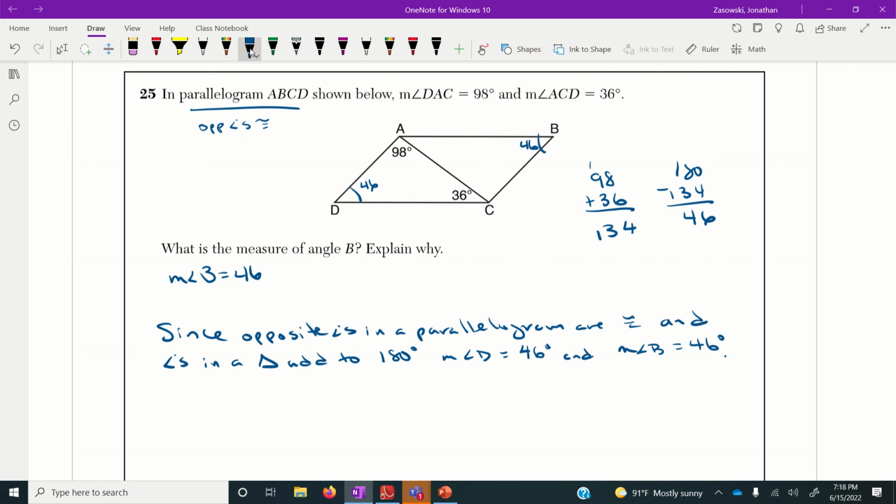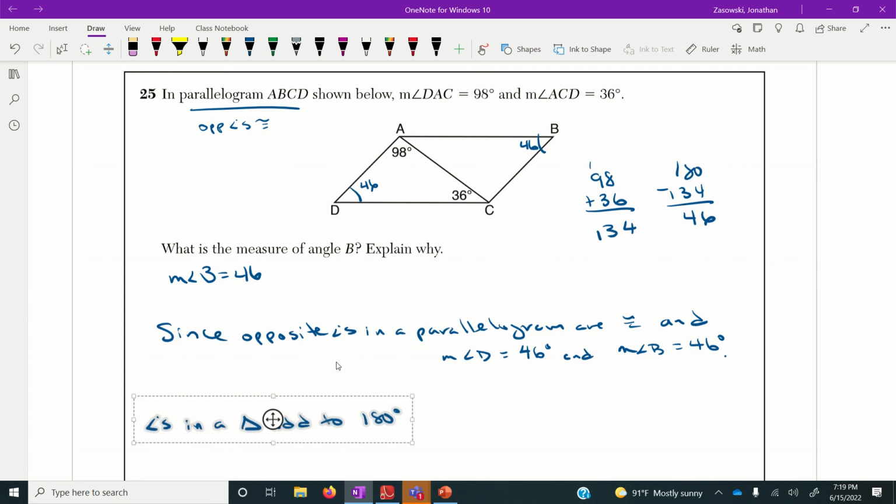This is fine. If you wanted to, for example, rearrange some of this, what you could say is that since the angles in a triangle add to 180 degrees, okay, we'll switch to red here.